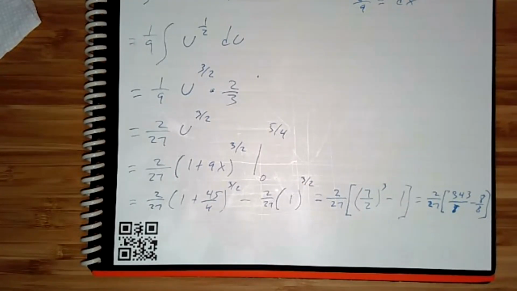Number 13 is similar to number 12. It's easier actually, because all you have to do is set it up. Oh, okay, so set up the integral. You just take the derivative, square it, and then put the bounds, and you're good.